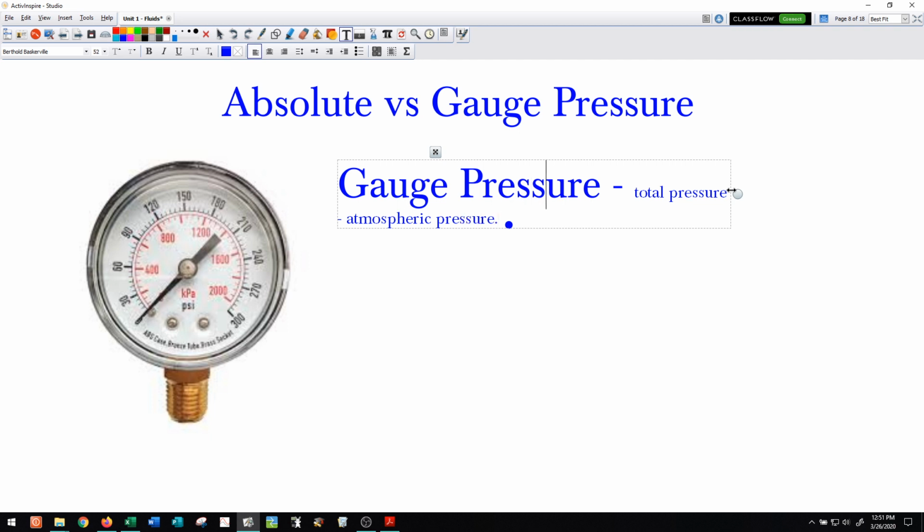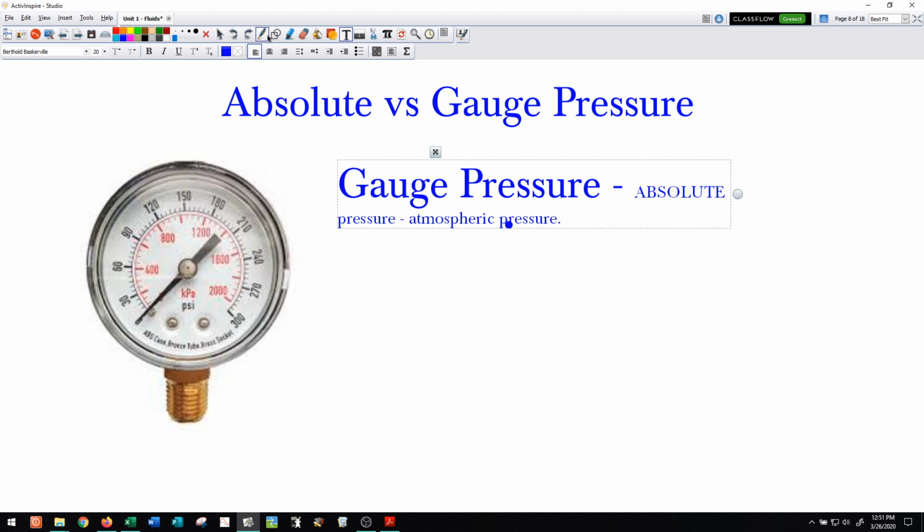Sometimes you would call this total pressure the absolute pressure. So just realize that that's what we're talking about. Typically the gauge pressure is just whatever effects you have minus atmosphere.